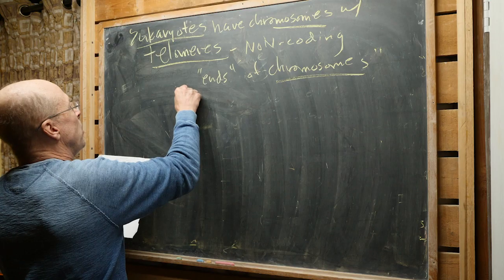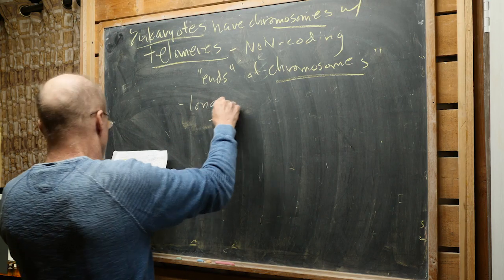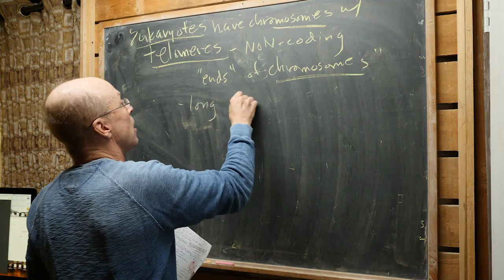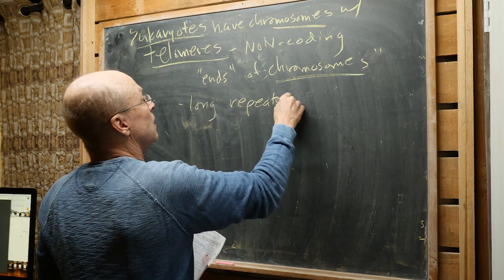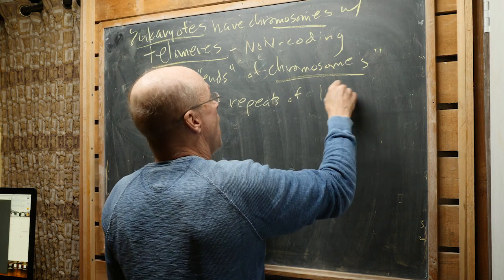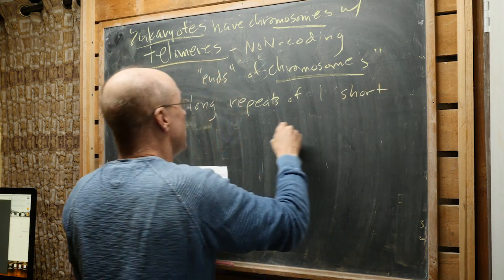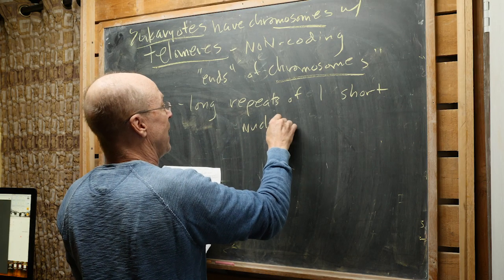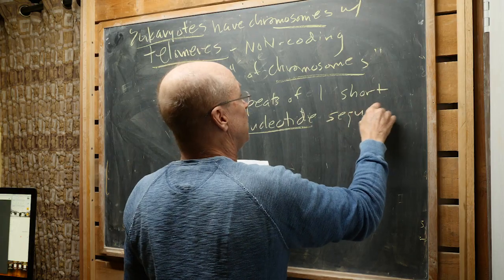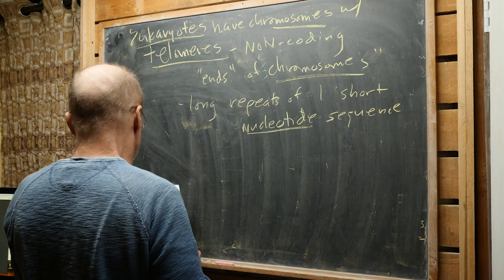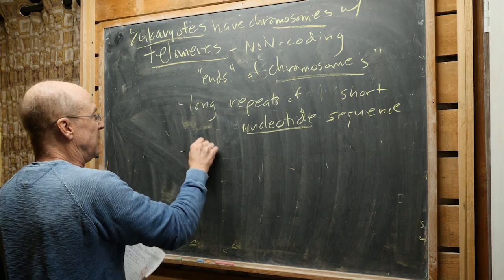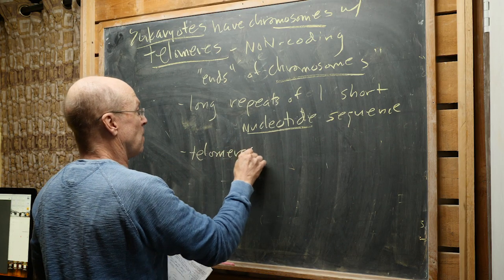They tend to be what we call long repeats of, primarily, one short nucleotide sequence. That's what they tend to be, these telomeres. And we have an enzyme for telomeres called telomerase.